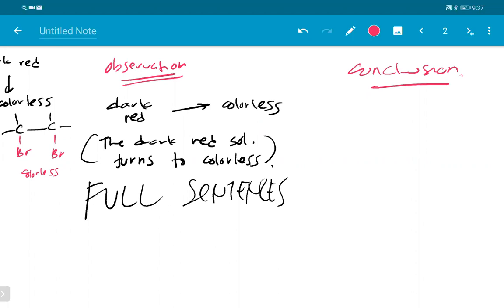If dark red change to colorless. Apa maksud dia? The bromine water. Okay, bromine tu is only the indicator only. We focus on the hydrocarbon.